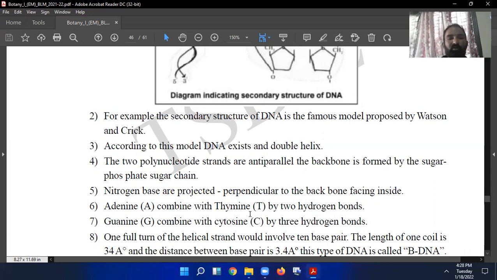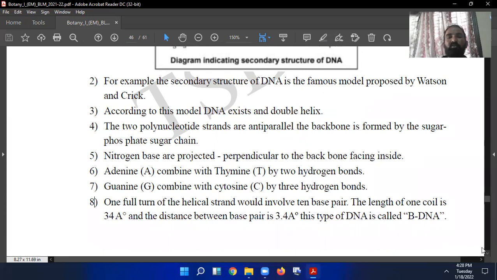One full turn of the helical strand involves 10 nitrogen base pairs. The length of one coil is 34 angstrom, so the distance between one base pair is 3.4 angstrom, since each helical turn contains 10 base pairs.